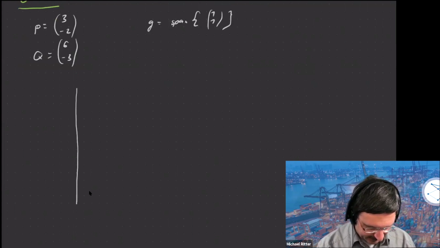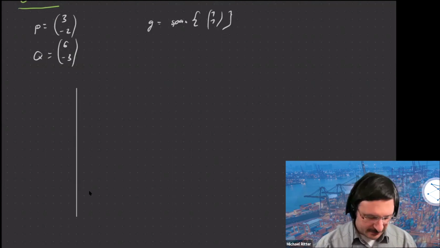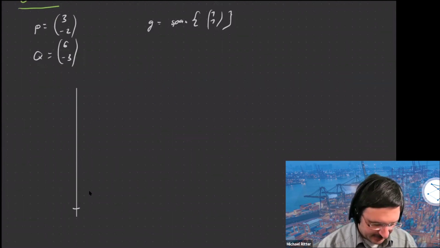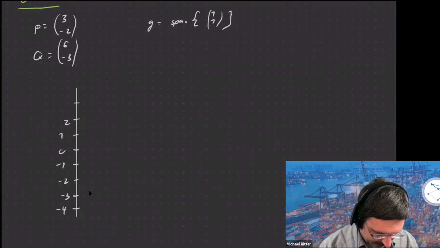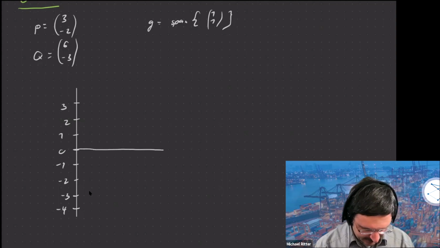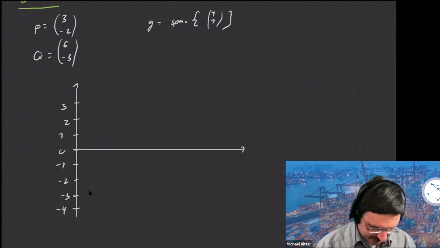So let's see if I get that right. Start here. Say this is -4, -3, -2, -1, 0, 1, 2, 3. That should be sufficient. And then here we have the x1 axis.